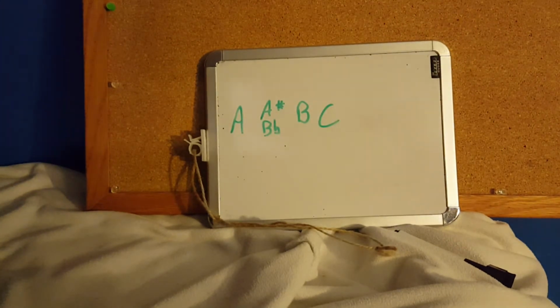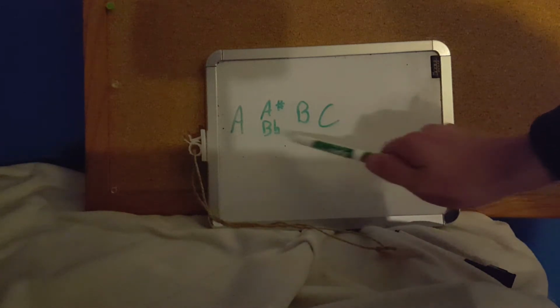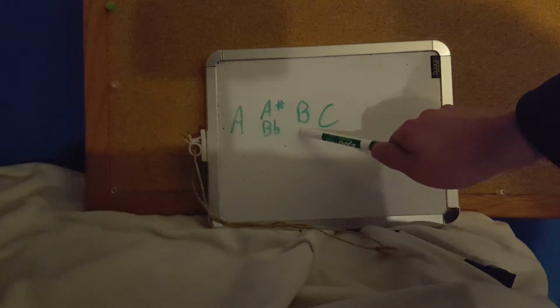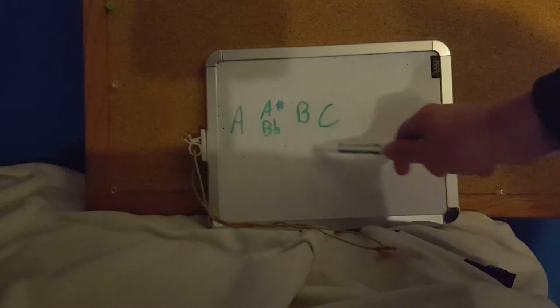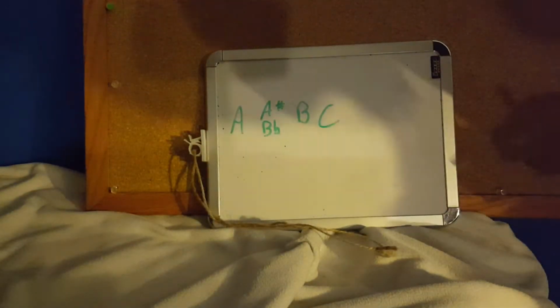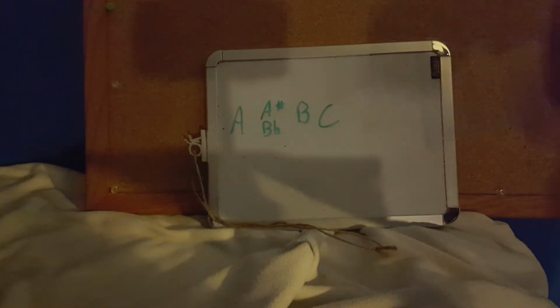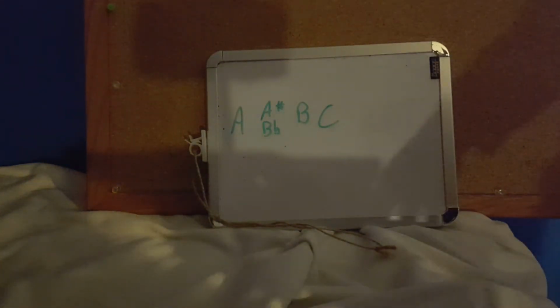Going from A to B is a whole step. Going from B to C is a half step. We'll use W's for whole steps and H's for half steps.